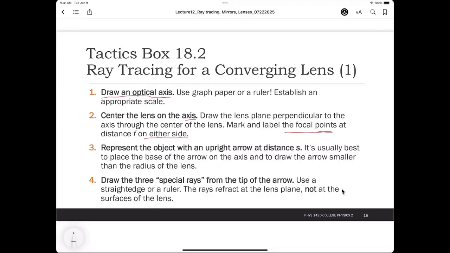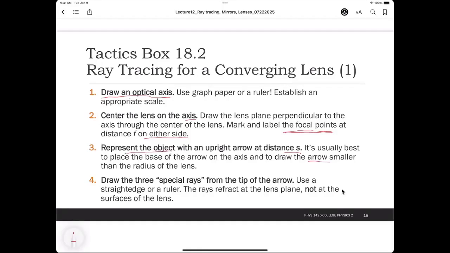You can see there will be a far focal point and a near focal point. Step three: represent the object with an upright arrow at distance s. It is usually best to place the base of the arrow on the axis and to draw the arrow smaller than the radius of the lens.